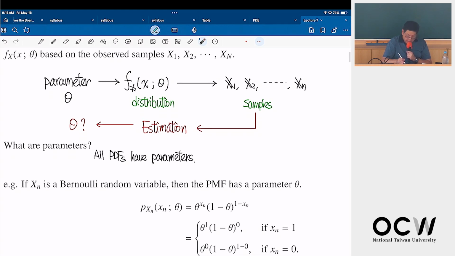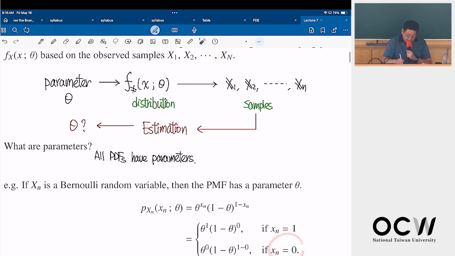So if xn is 1, then the PMF is theta. If the realization xn is 0, then we have 1 minus theta. This theta is the parameter, and it is just like the probability in this example for a Bernoulli random variable. This is the discrete case.